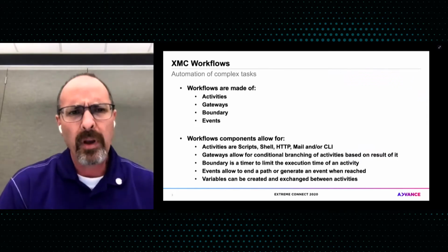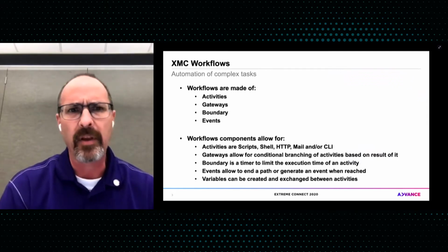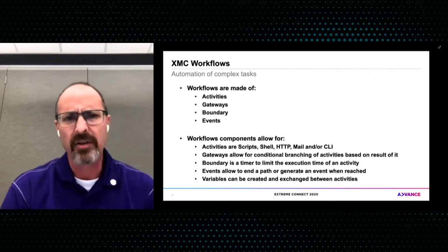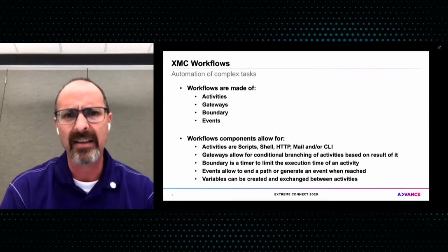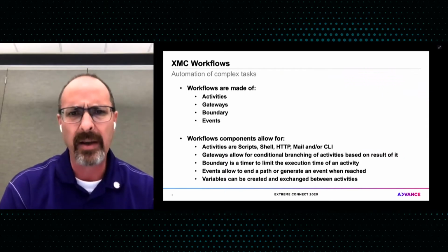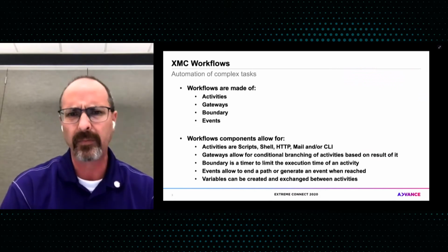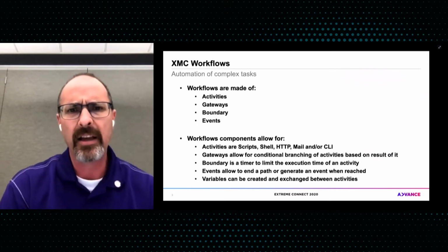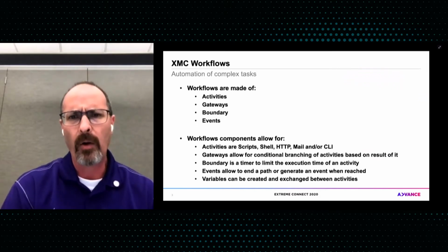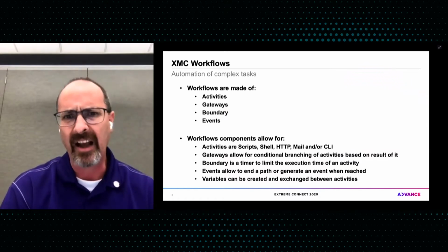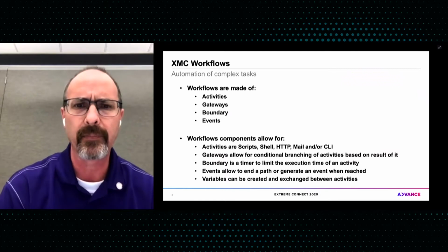And so really, what are these activities within workflows? Well, those activities could be Python scripts, shell commands, HTTP requests, mail alerts, or switch CLI commands. Basically, all the raw components, the raw tools you need to build out any network automation project.